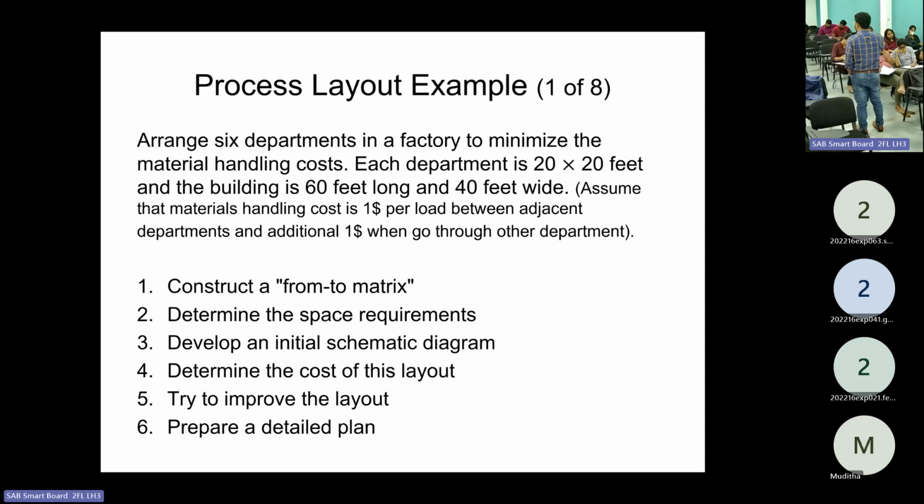So we need to know about the building dimensions and the space available, the shape of the building and the space availability in the building, so that we can start from there.